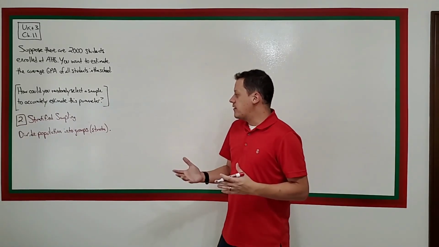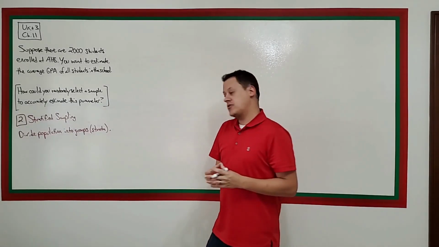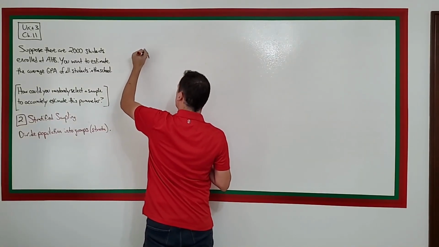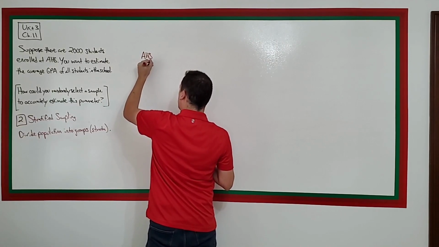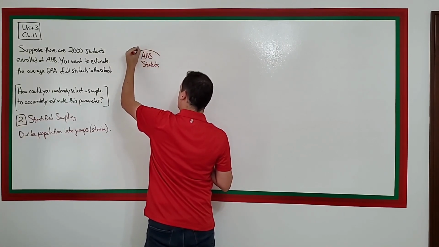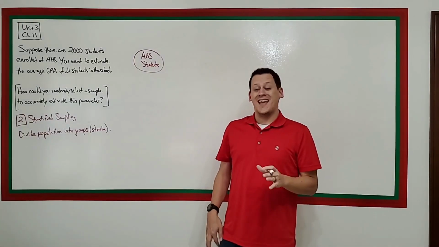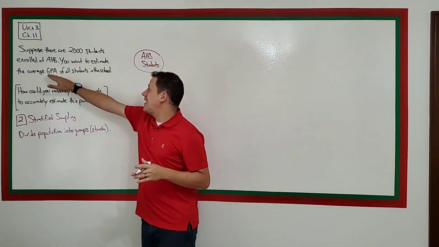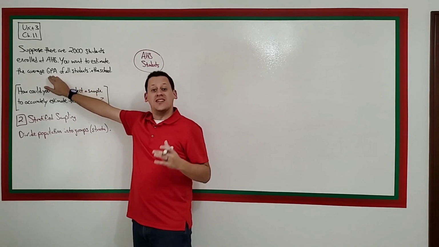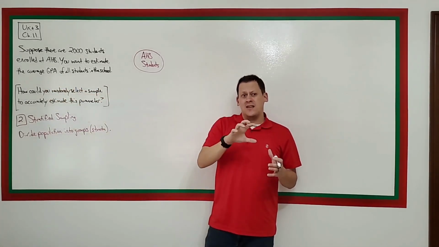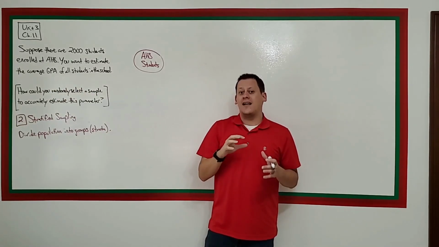So in our example here, the population is all the students at Anderson High School. And we're going to divide that population into groups. And in this case, since I want to estimate this variable in particular, GPA, and I think that GPA is different by class.